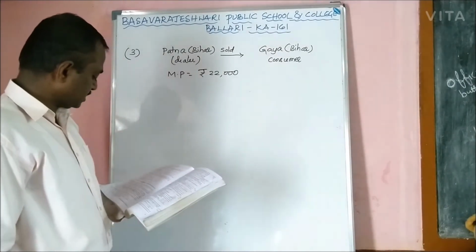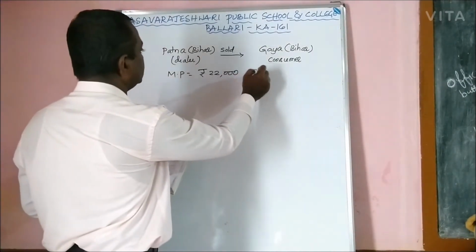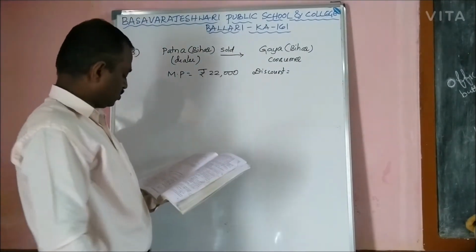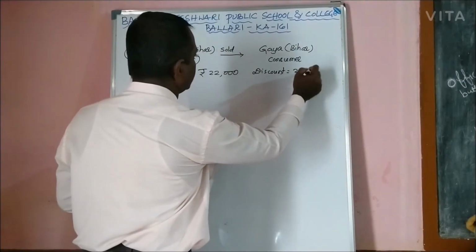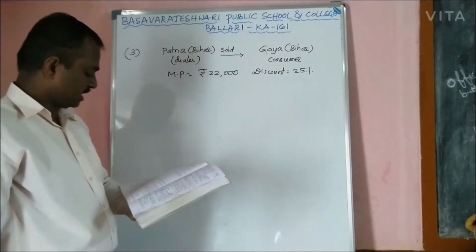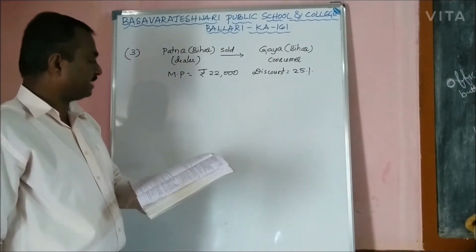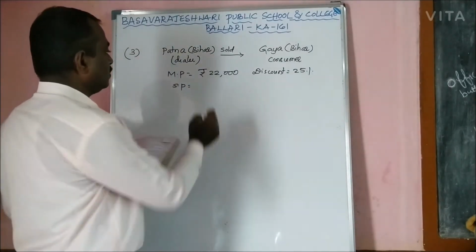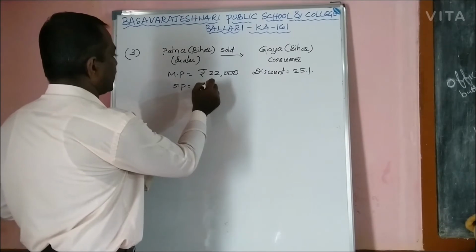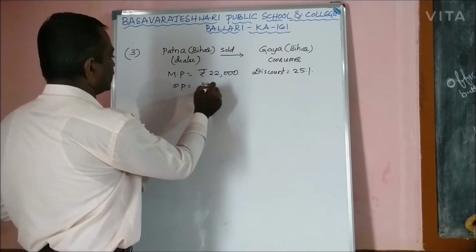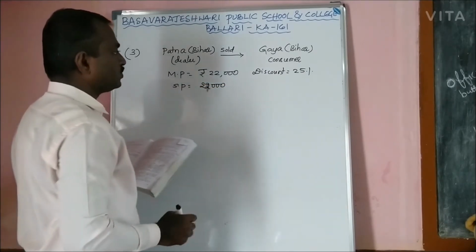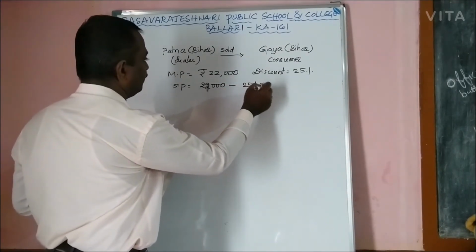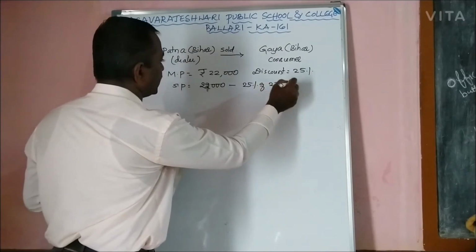What is the discount he is giving? Discount is equal to 25%. Now what will be the selling price? Selling price is equal to market price 22,000 minus the discount, 25% of 22,000.